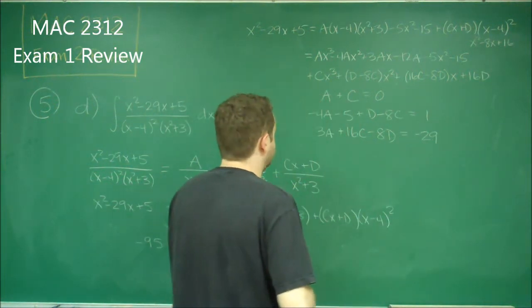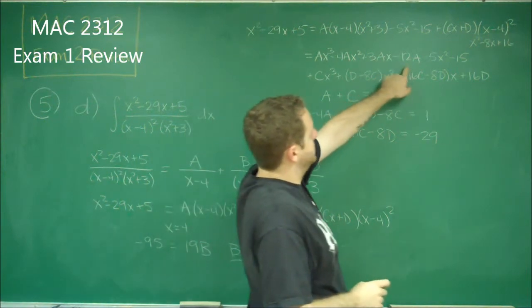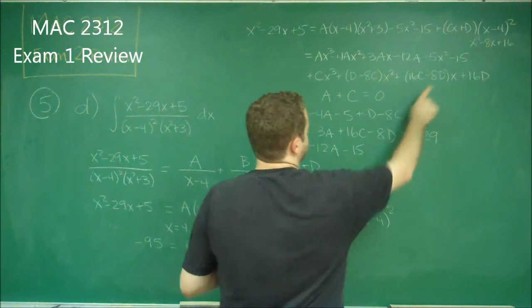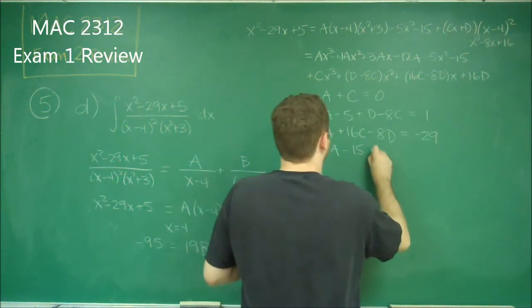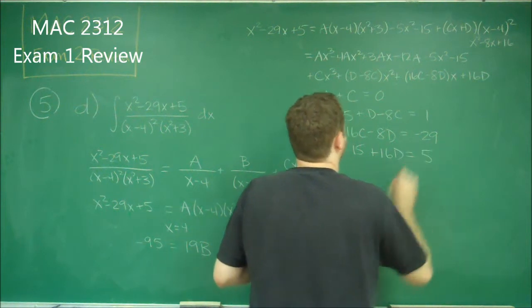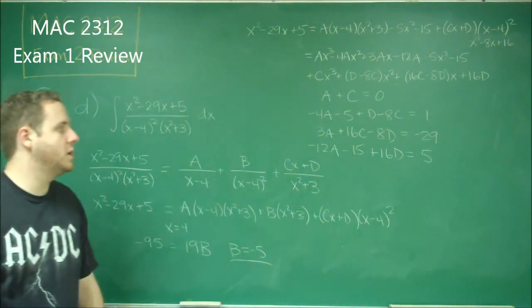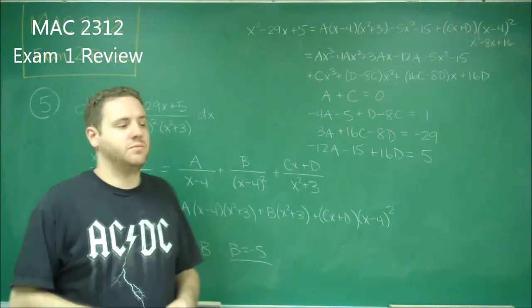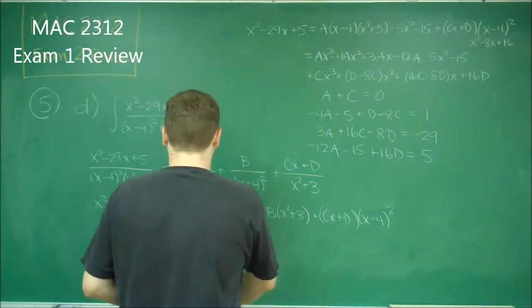And finally our constants. Our constants are minus 12A, minus 15, because we have a minus 15 there, plus 16D has to equal 5. So we have 4 equations, for which we only have 3 variables, so we definitely didn't need 4 equations. I just decided to write them all up here.